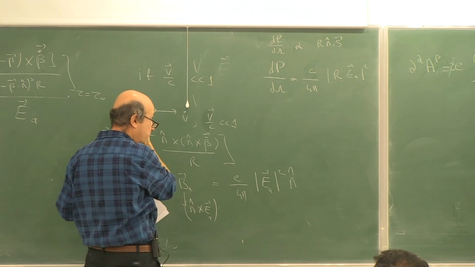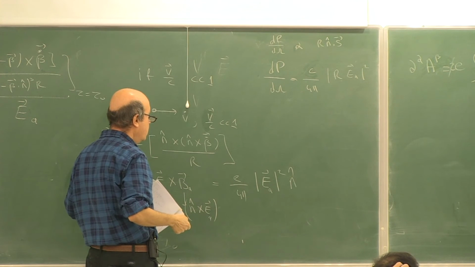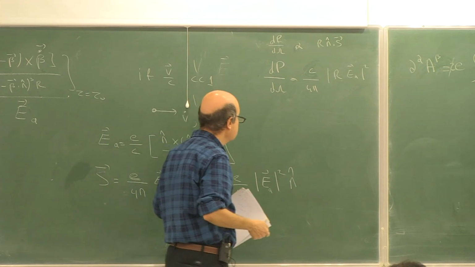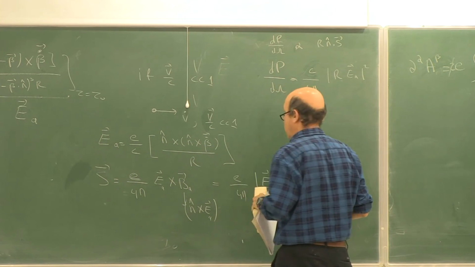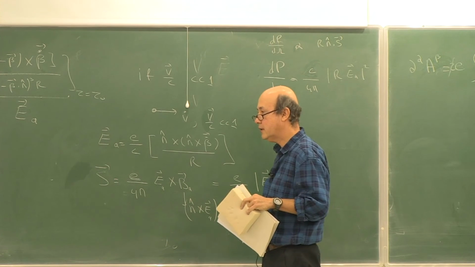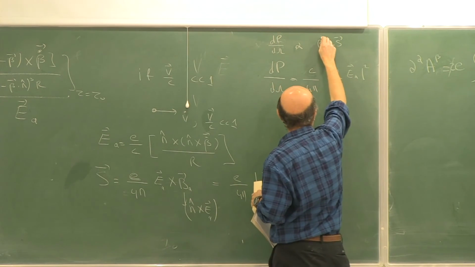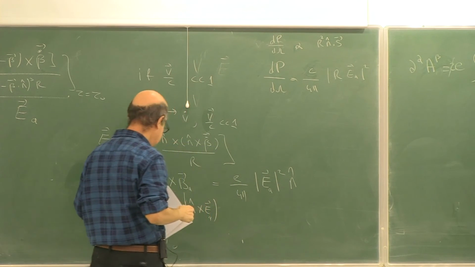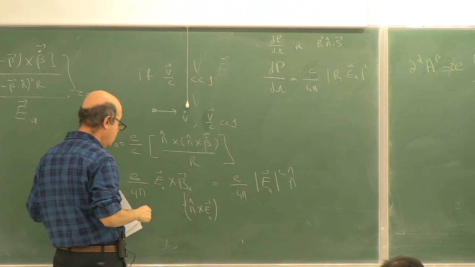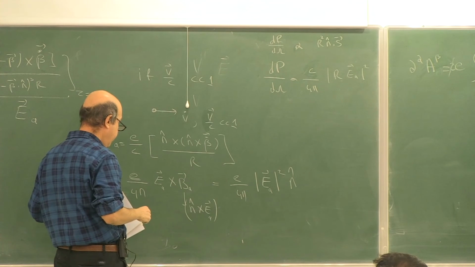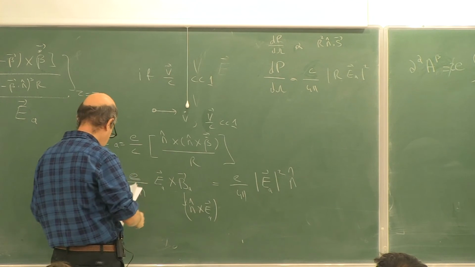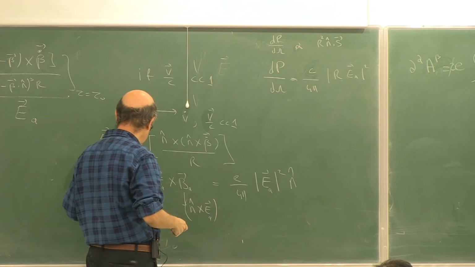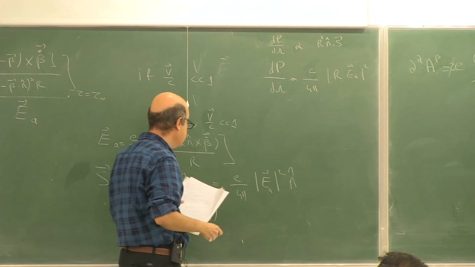So that is n dot E cross H times R squared. Basically, you need the square of the electric field times R squared.